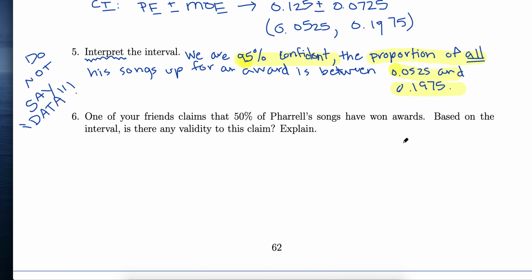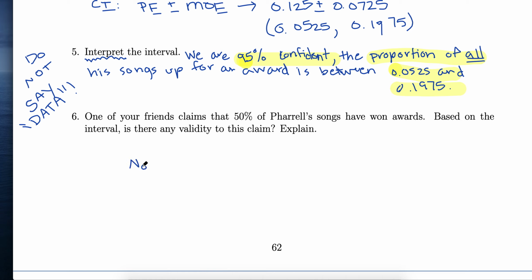Then the last question, just use your intuition here. Your friend thinks he loves Pharrell Williams. Maybe he thinks 50% of his songs have been up for awards. Based on our interval, does this seem valid? Probably not. We're 95% confident it's somewhere between 5 and 20-ish%, which does not include your friend's guess of 50%.